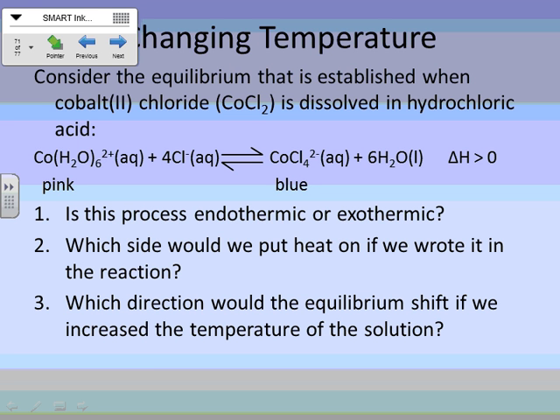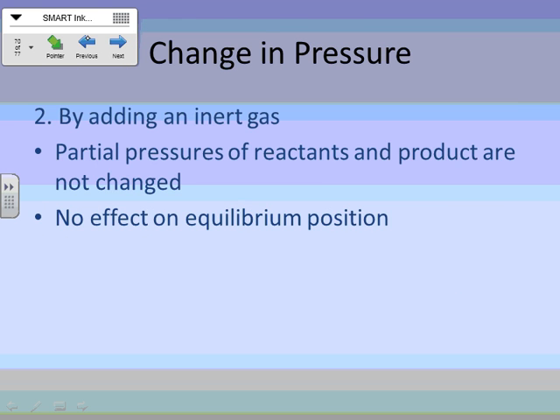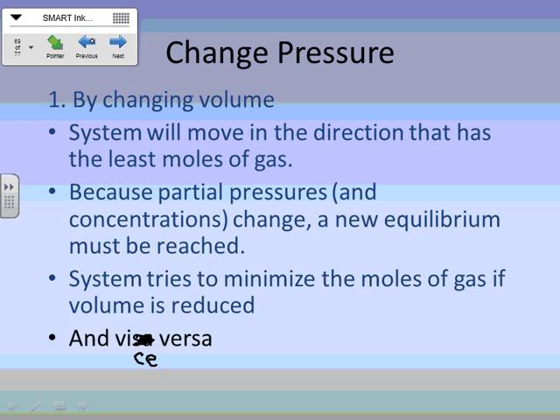So everything else you do as far as Le Châtelier, it's going to mess with your partial pressures or your concentrations, okay, in your equilibrium expression. The only thing that messes with the K itself, the actual equilibrium constant changes it, is if you change the temperature, okay? So let me go back here for a second to show you something.